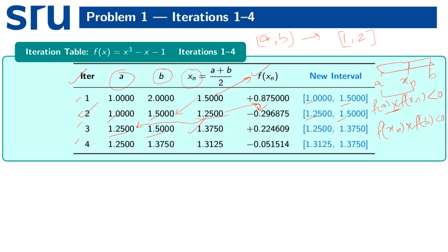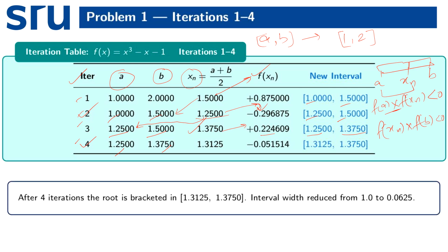After that the value of the function at this point is 0.224609, which is again positive. So new interval will be 1.25 to 1.375. Okay, so in fourth iteration the interval is 1.25 to 1.375. Again we'll keep on repeating this process.